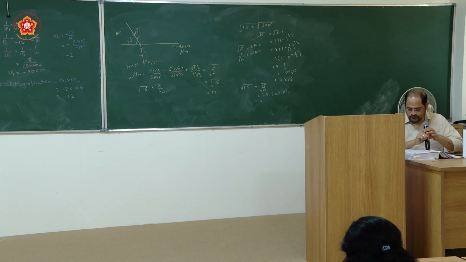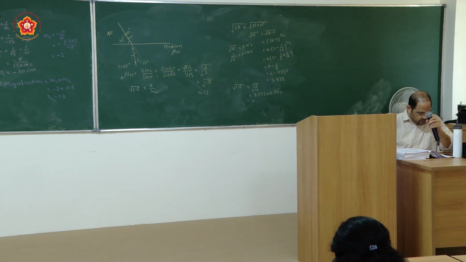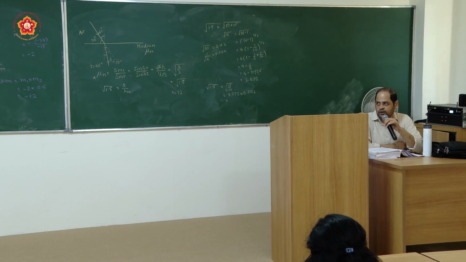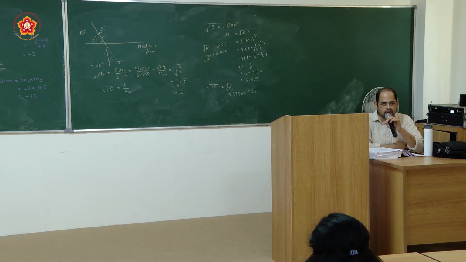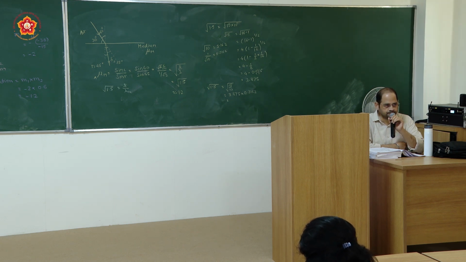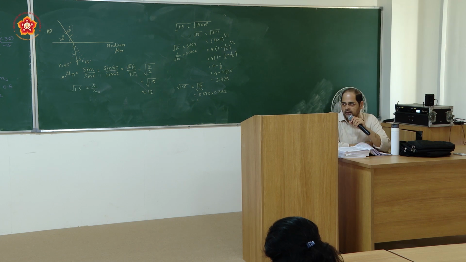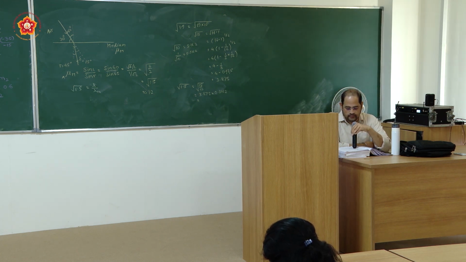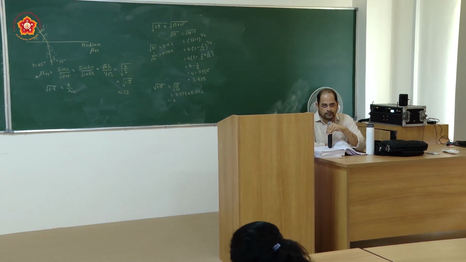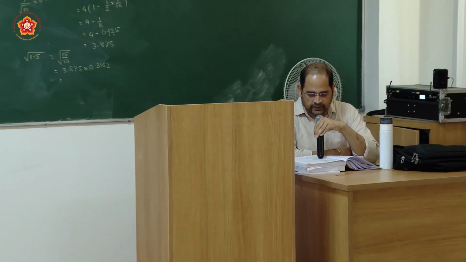Write down the next one. Light of wavelength 4000 Armstrong unit in medium 1 is incident on a plane boundary between media 1 and 2.